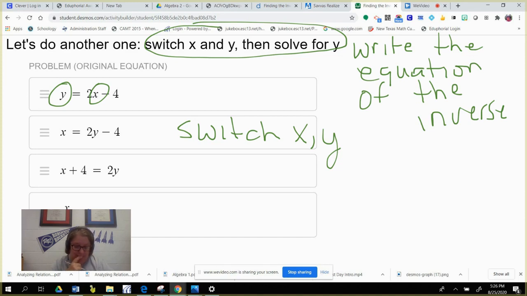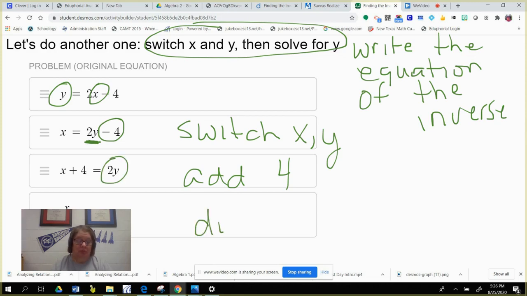Here we added 4. Okay, because we're trying to get this y by itself, so we add this 4. Then how do we get rid of times 2? Divide by 2. How do we know we're finished? Because the y is by itself.